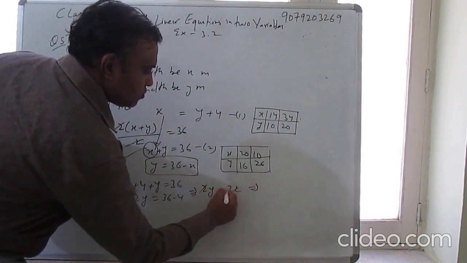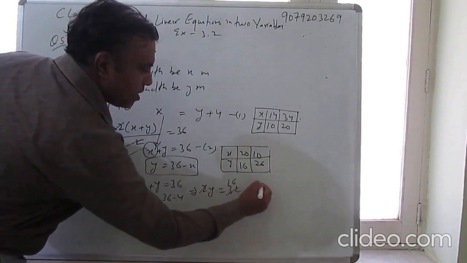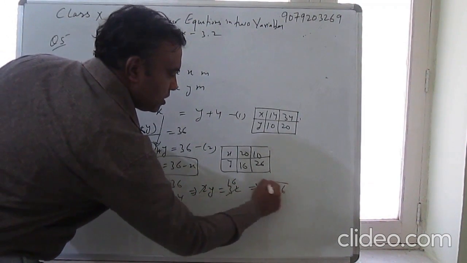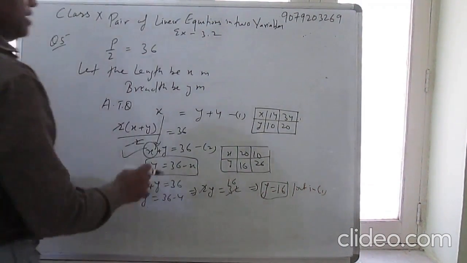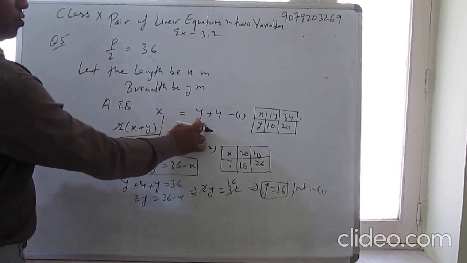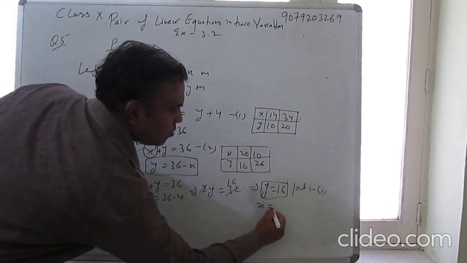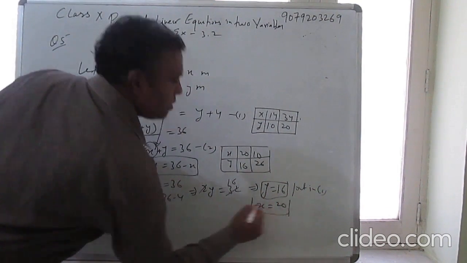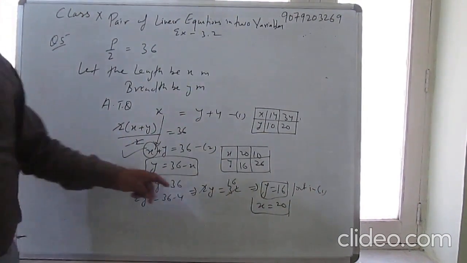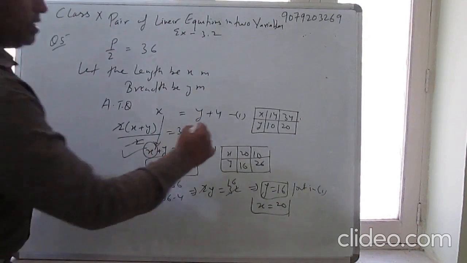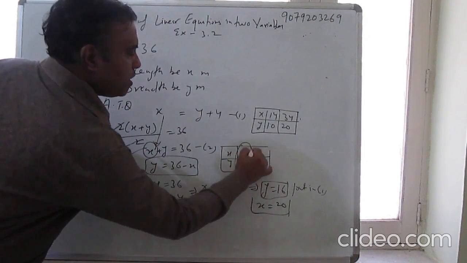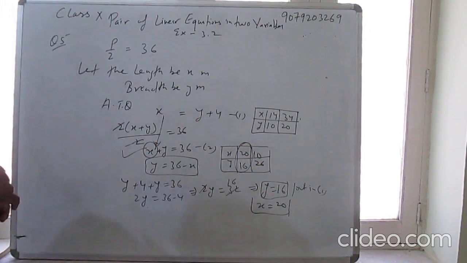This implies y is equal to 16. Put y here, then x is equal to 20. So 20 is the length, 16 is the breadth. In the graph you see that at this point your graphs will intersect.